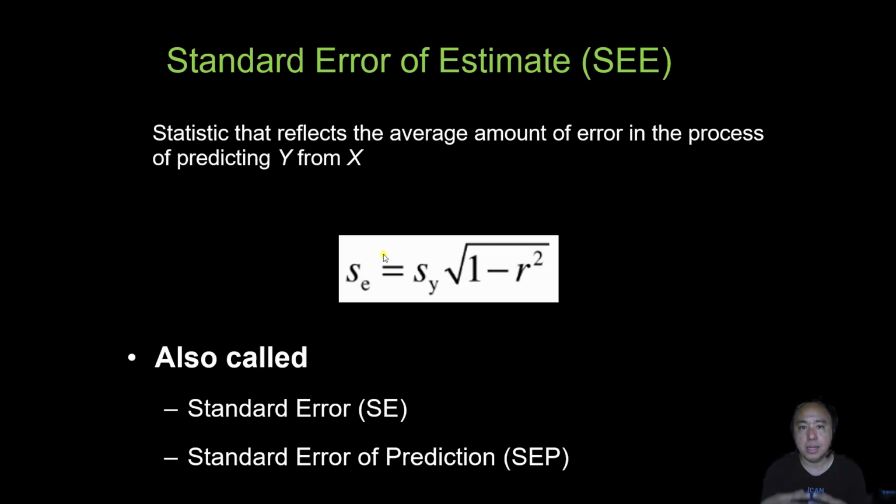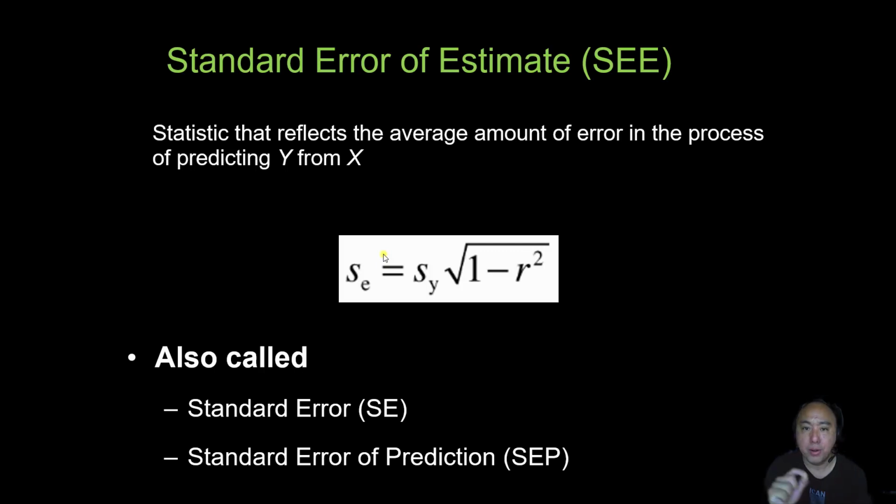It reflects the amount of uncertainty when predicting a score y based off x. And it's a theoretical construct because we really don't know what the true error is in the population unless we were to collect data on every single person in the population and measure the correlation between x and y.